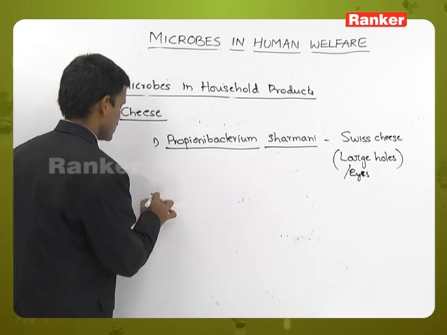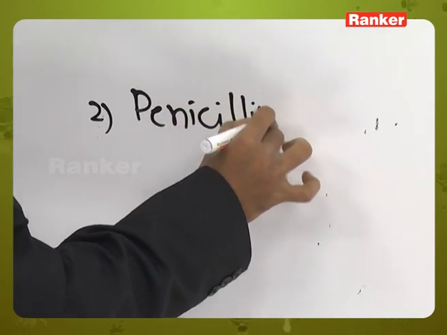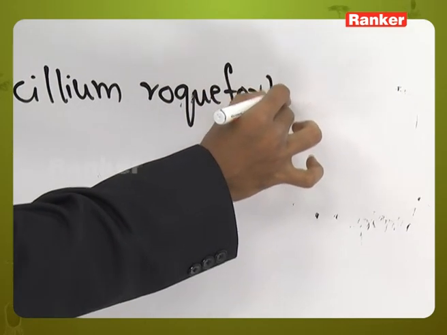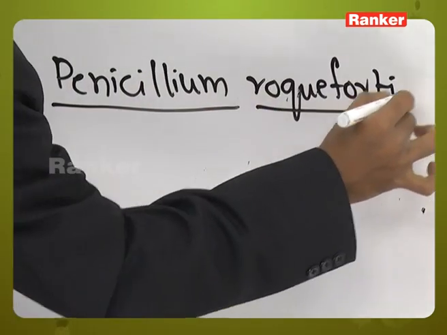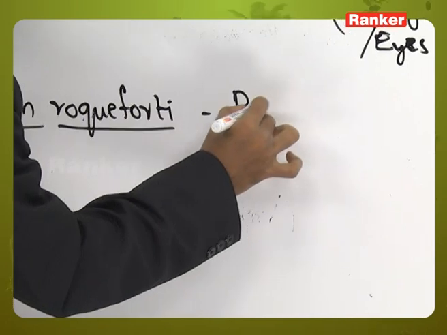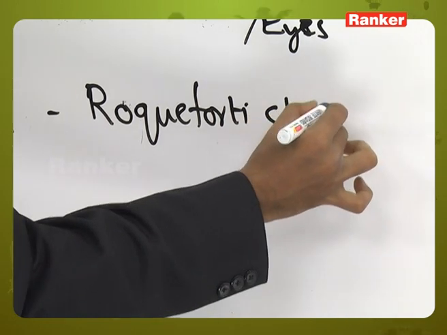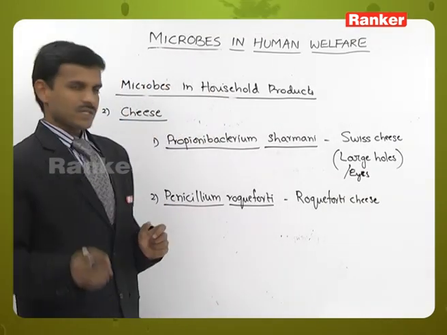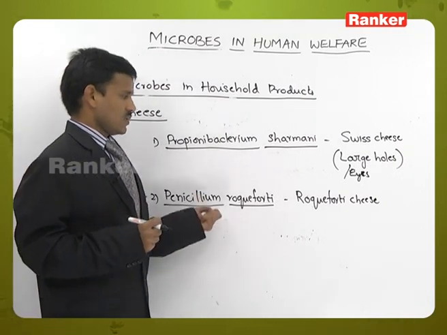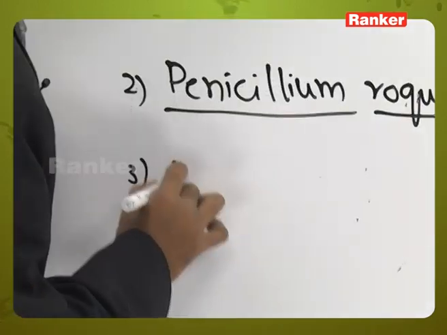The fungal members Penicillium roqueforti is involved in the ripening of Roquefort cheese. Next, another fungal member, Penicillium camemberti, is involved in the ripening of Camembert cheese.